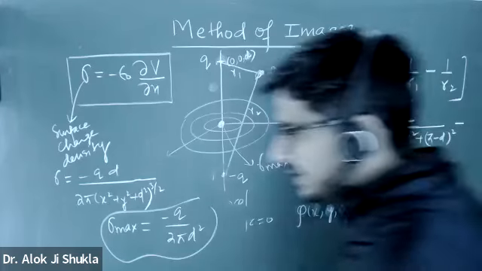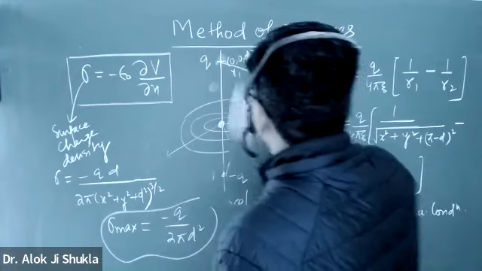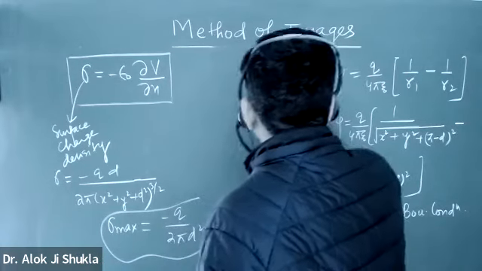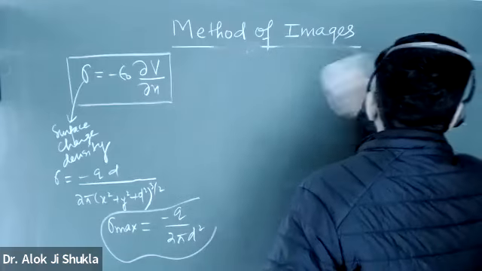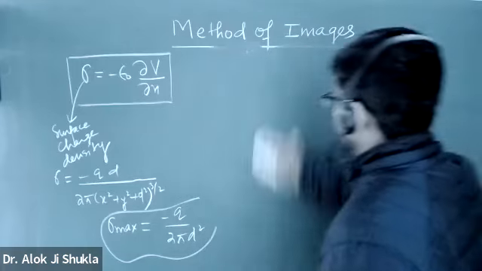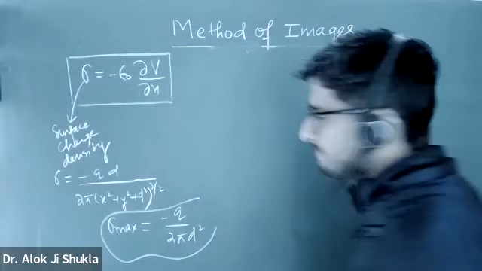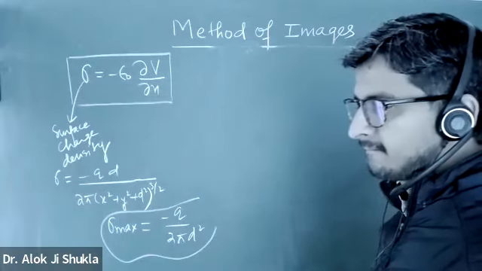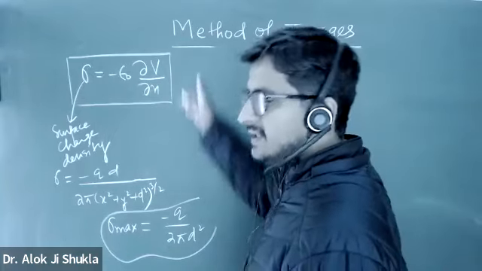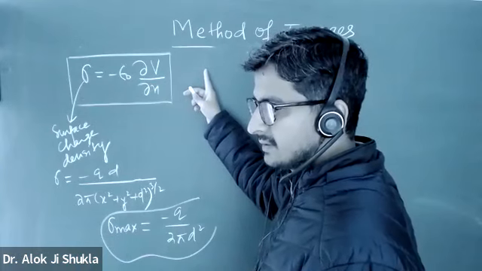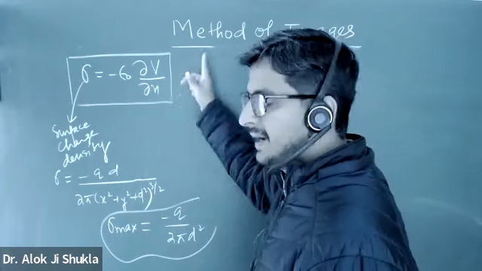And the greatest thing is this, that if you integrate... In the formula minus epsilon del v by del n that you wrote for charge density, what is n? n is the coordinate in which there is a discontinuity in the surface. The perpendicular direction.